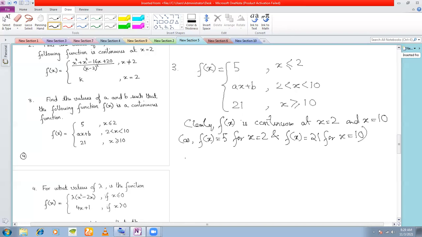So now, since fx is continuous, okay, let's first find out the left hand limit of f at x is equal to 2.